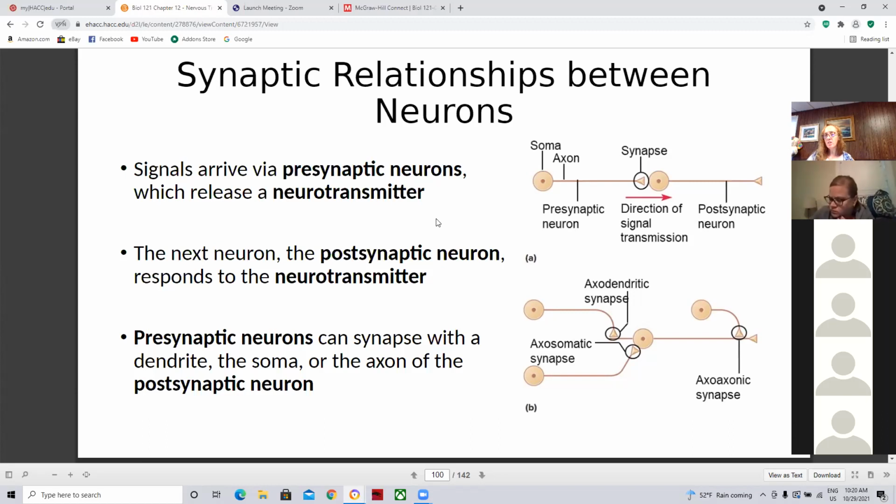Signals arrive via the presynaptic neurons, which release neurotransmitter. So we have a presynaptic neuron, the neuron before the synapse, which is going to release a neurotransmitter. And the next neuron, the postsynaptic neuron, is going to respond to that neurotransmitter.